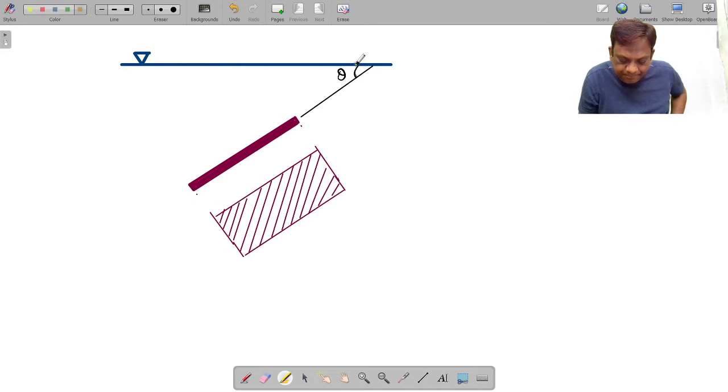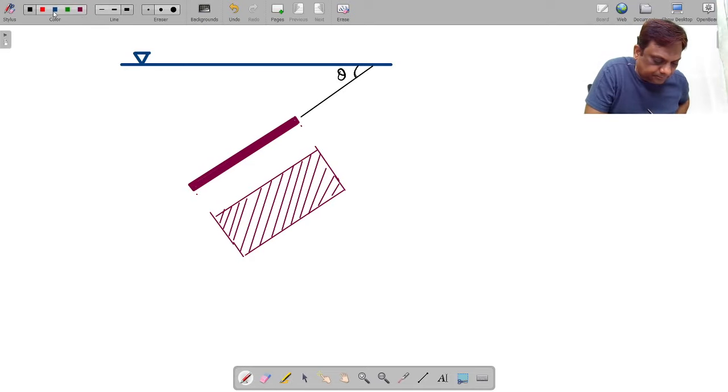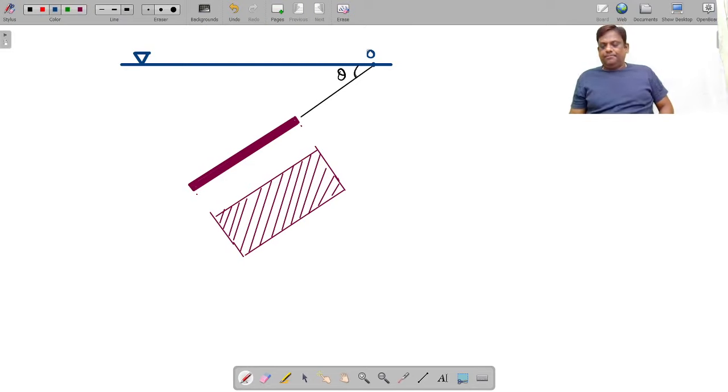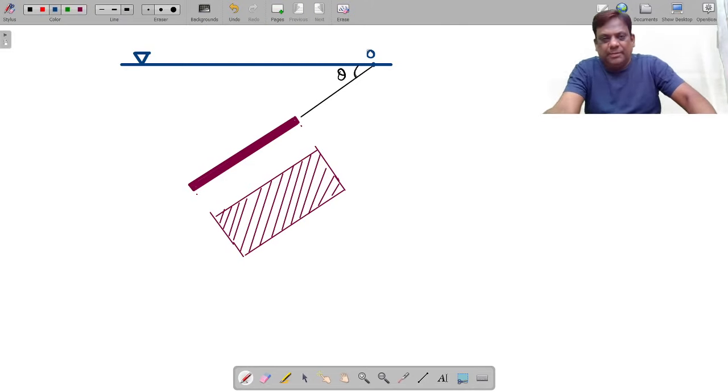How much angle this makes with the free surface, that is theta. I will mark this point as O. It's something like this, my dear students.